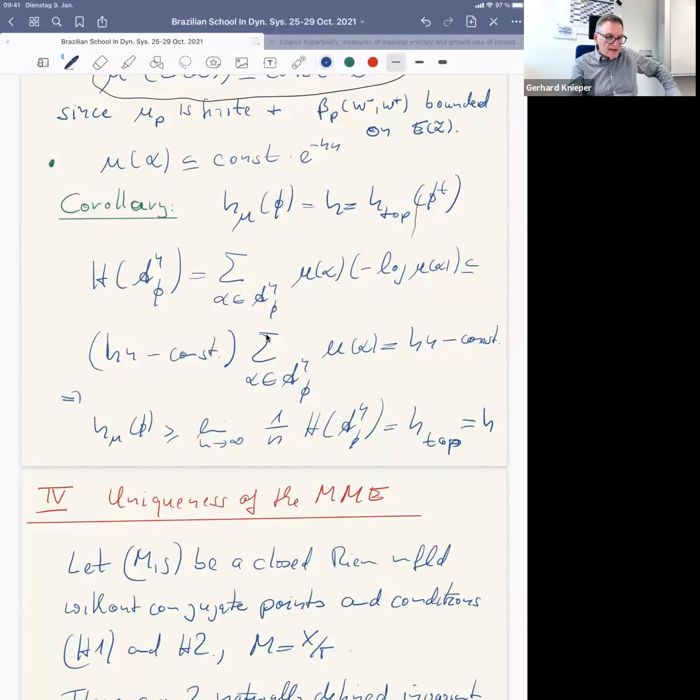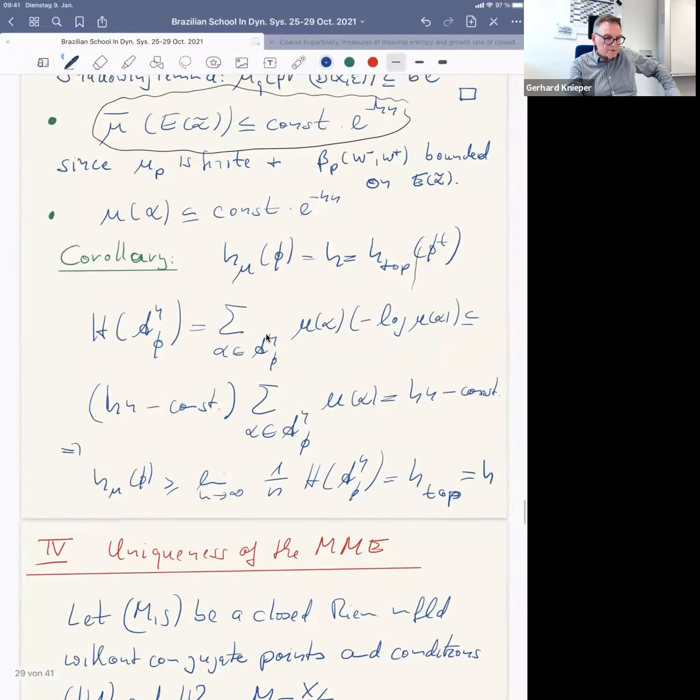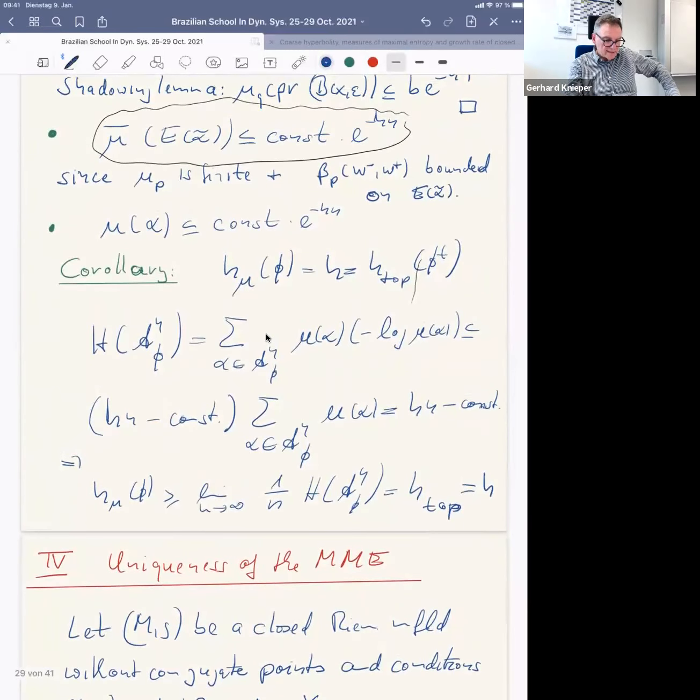So whenever you have this kind of assumption, which I made at the beginning, you get a measure of maximal entropy. And also what I didn't say is that the measure has full support. This follows from the fact that the Patterson-Sullivan measure had full support on the boundary. So it's a fully supported measure of maximal entropy.